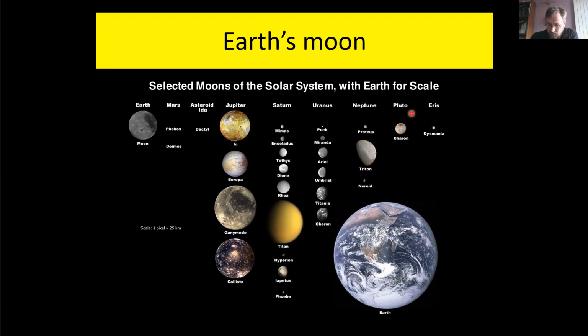Pluto has, for its size, a relatively big moon like ours, but ours is really special. Comparing Jupiter, this massive gas monster, to our tiny terrestrial planet Earth, the moon is massive in ratio.